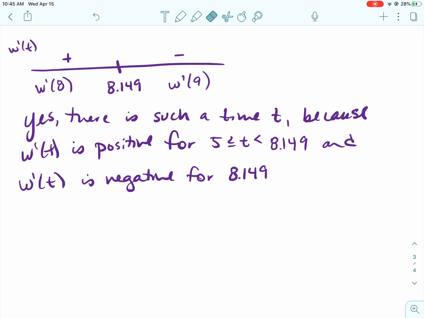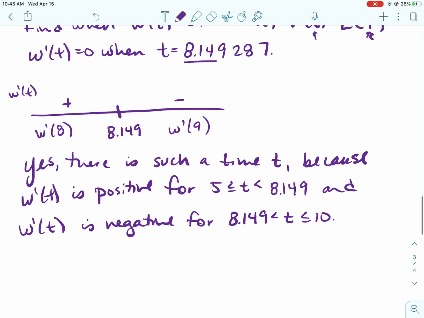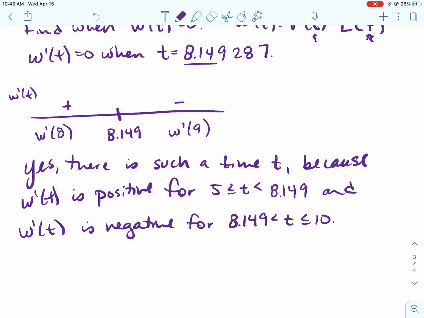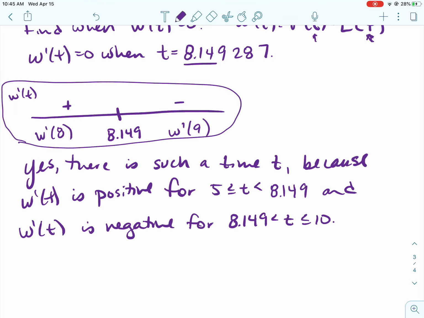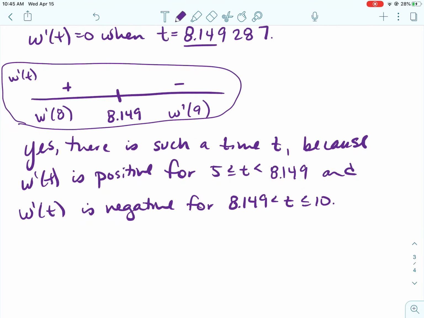And w prime of t is negative for the other side, all the way to 10.